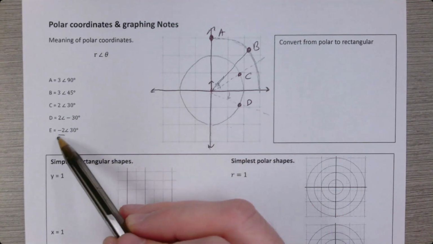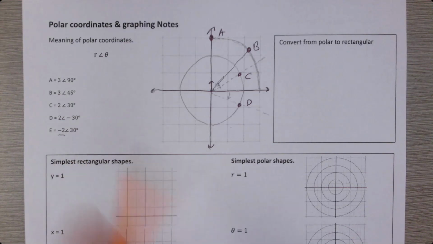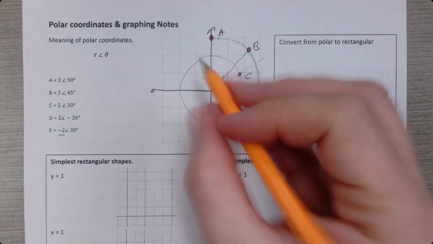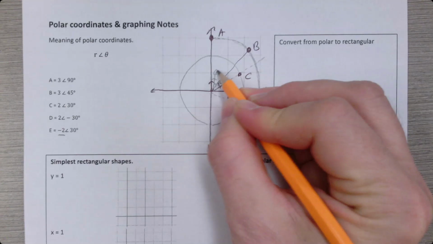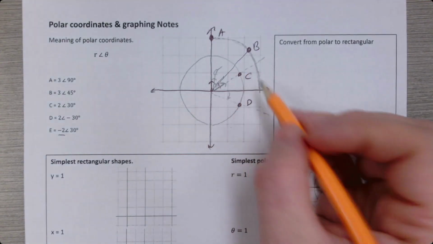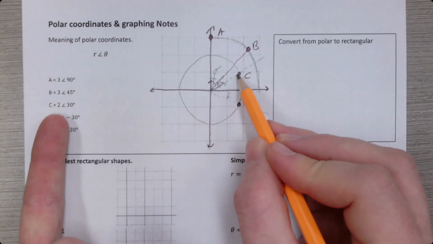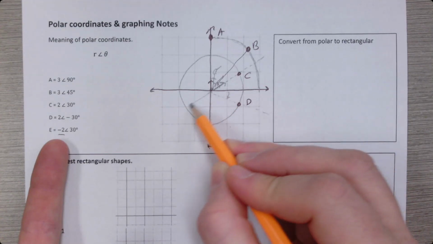Okay, the last one. How do you think about a negative distance? So if I'm at an angle of 30 degrees, you have to imagine me facing in this direction. Like, well, if I could draw a little stick figure, I would, but here I am, facing in this direction. I'm looking at 30 degrees. But instead of walking forwards 2, if my distance is negative 2, it would make sense for me to walk backwards 2, but at that exact same angle.